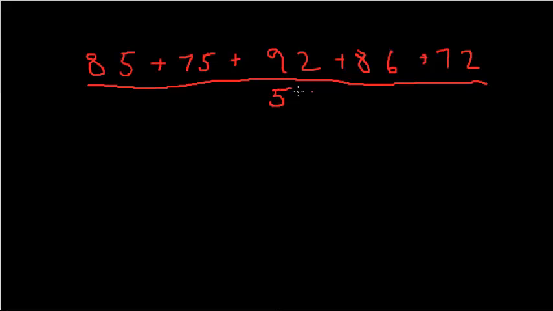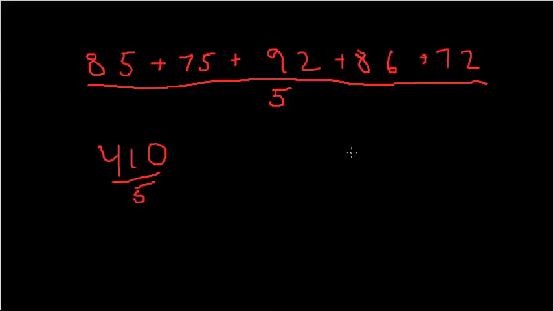So in this case, I first add up 85 plus 75 plus 92 plus 86 plus 72. That gives me 410, and that is being divided by 5.